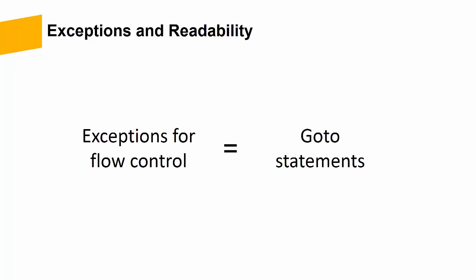So pretty much the same way go-to statements allow you to do that. In fact, exceptions are even worse, because go-to statements are confined by the method boundary. You cannot jump from one method to another with go-to statement, whereas with exceptions you can cross multiple layers of your application without much trouble.